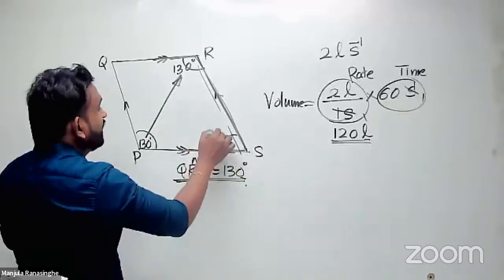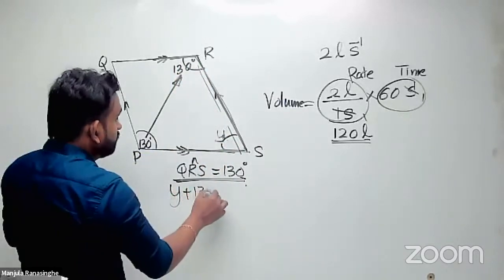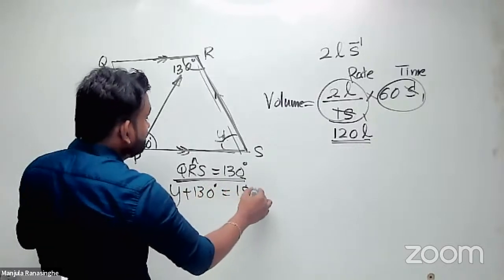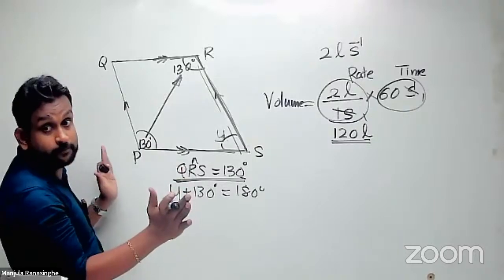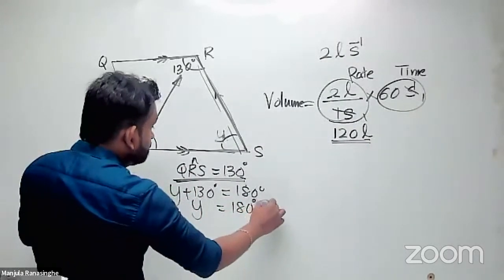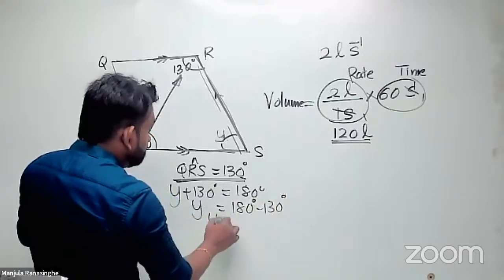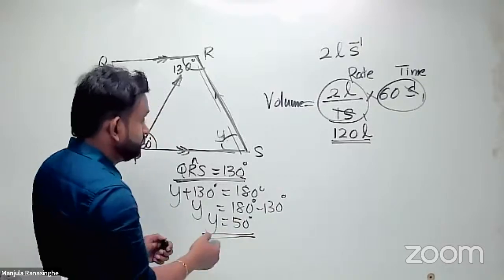If I write y shortly, y plus 130 equals 180. The reason: they are allied angles and add up to 180 since the lines are parallel. Now making y the subject, y equals 180 subtract 130, so y equals 50 degrees.